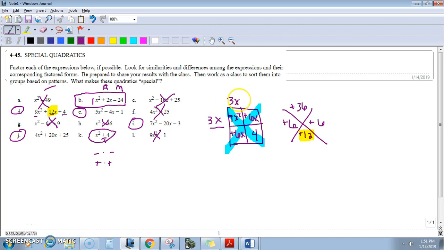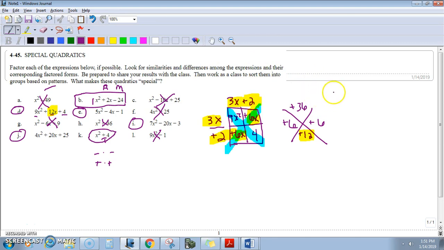And then everything's positive here, and then 3x times what is 6x? That's just going to be positive 2, and also positive 2, because 3x times positive 2 is 6x over here, and 3x times positive 2 is also 6x over here, right? So what are our sides?